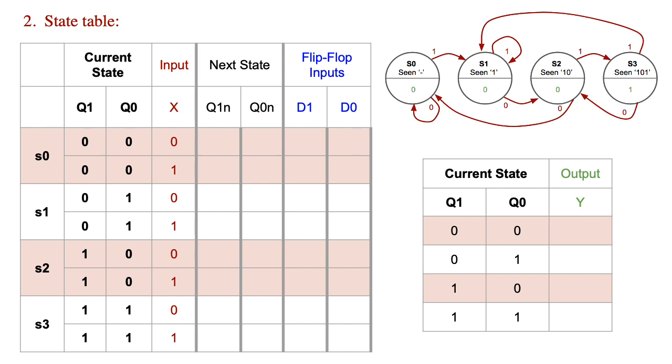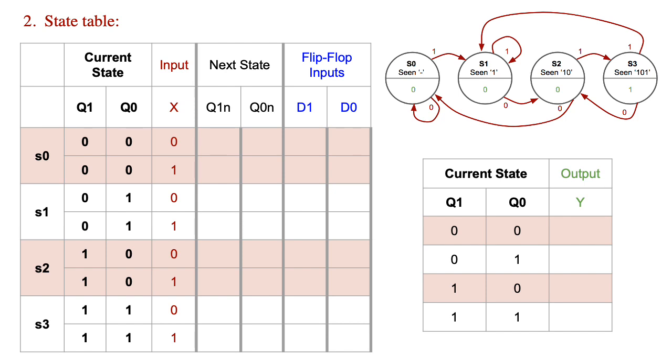Thus, when I prepare the state table, not only do I put the current state, but I also need to specify the input column. So here is a template for the state table that requires the use of 2 D flip-flops and 1 input named X.